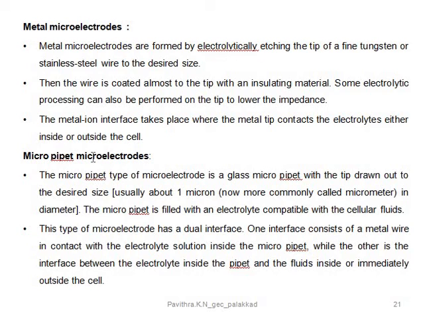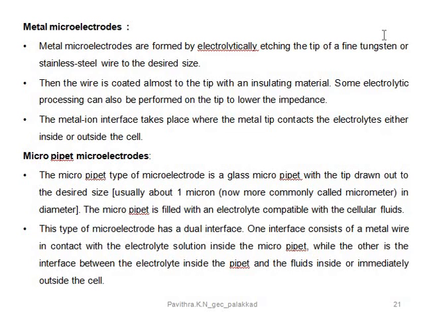In the micropipette type, there is a glass micropipette with the tip drawn out to the desired size, usually about 1 micron or 1 micrometer in diameter. The micropipette is filled with an electrolyte compatible with the cellular fluids, and this type of microelectrode has a dual interface.